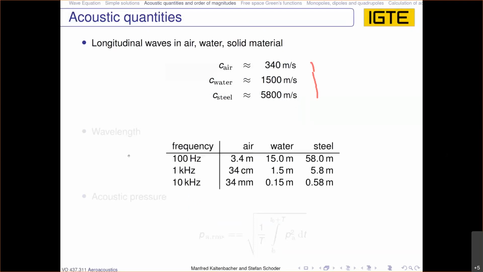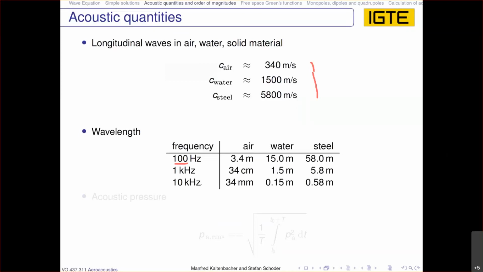Because for a constant frequency, if we look at 100 hertz, we have incredibly large wavelengths: 3.4 meters in air, but in steel the wavelength is 58 meters.